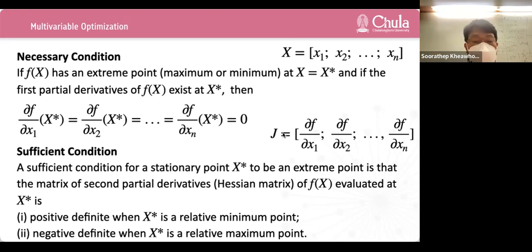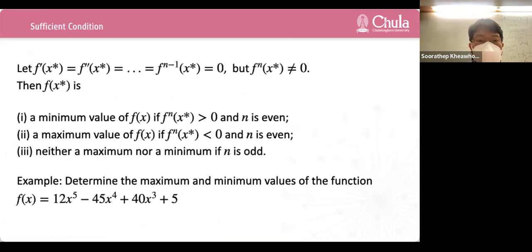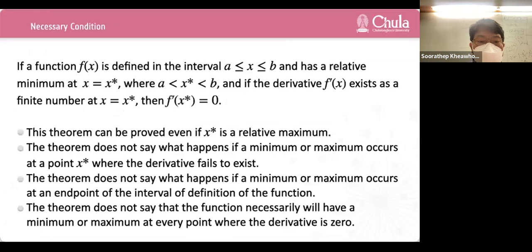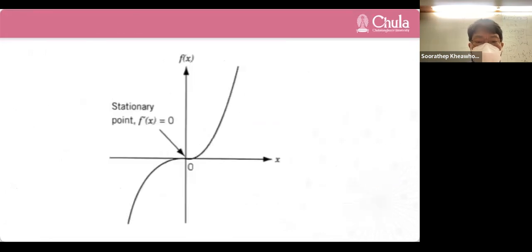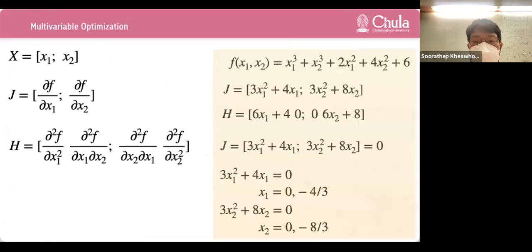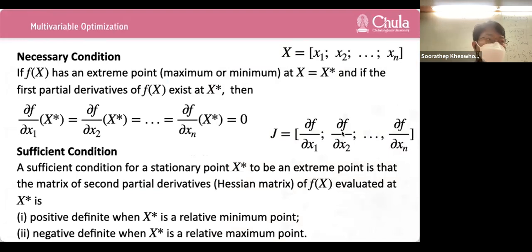Okay, we got the Jacobian, and from the first condition, our necessary condition, to guarantee the optimum point, the extreme point, each element of the Jacobian must be 0. That means, you can imagine, because the derivative becomes 0, at that point you cannot go down or you cannot go up, right?